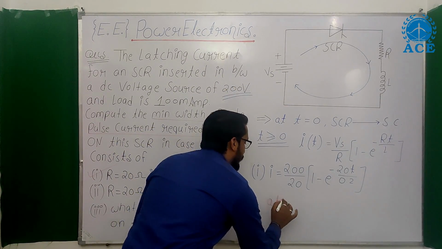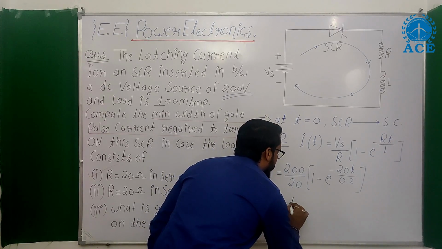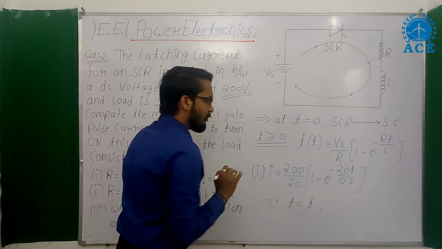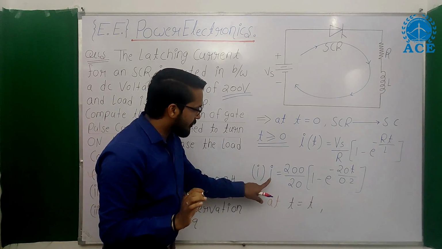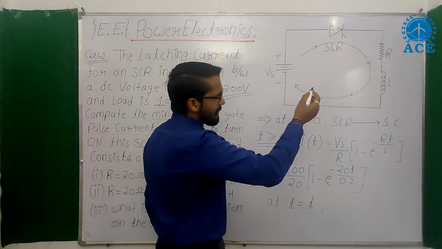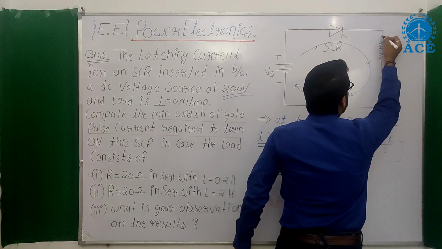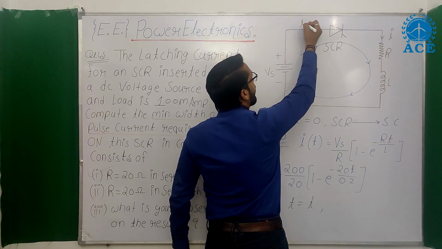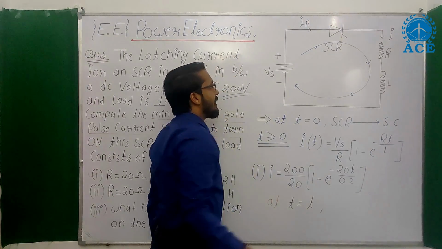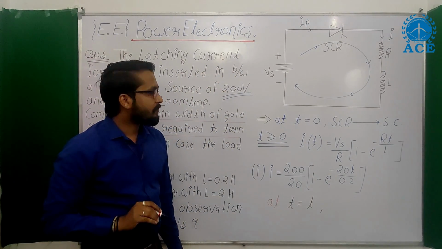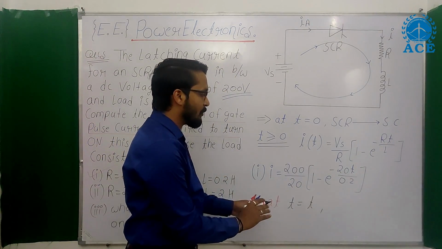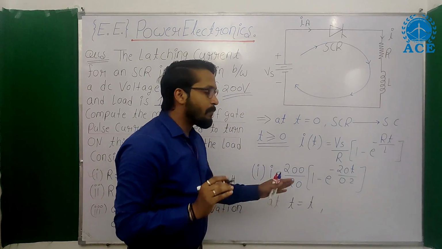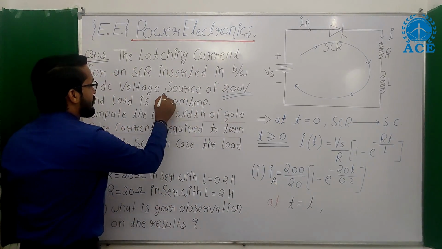Now I want to know the time at which this current, which is the circuit current, the load current, and is nothing but the current flowing through the SCR, that is the anode current of the SCR, becomes equal to the latching current.